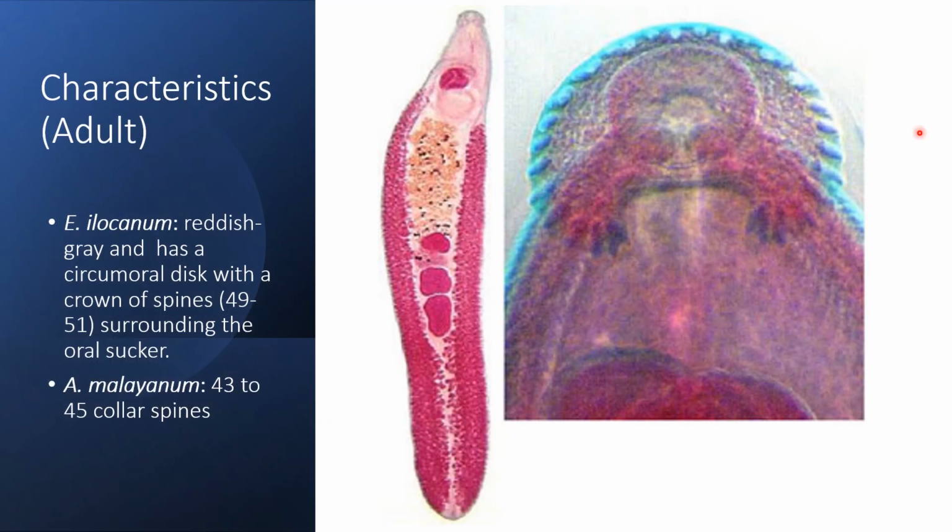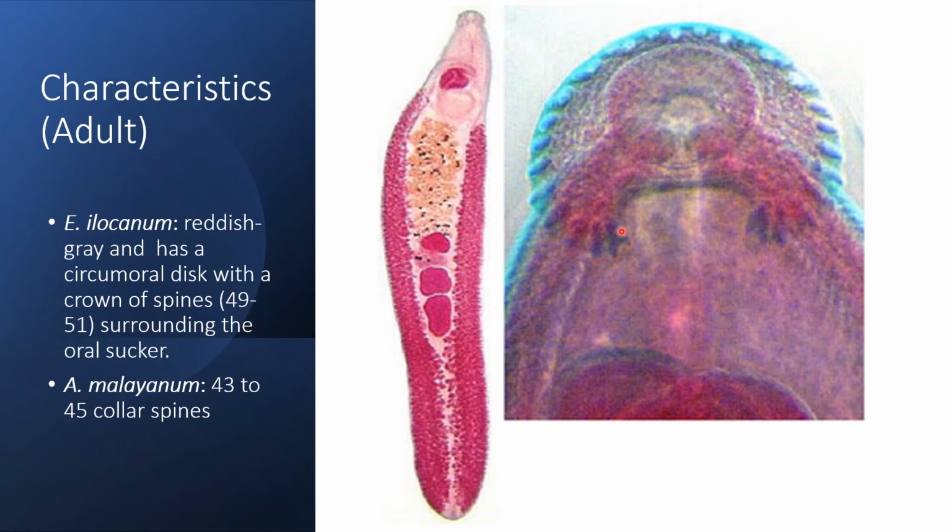Now let's discuss the adult morphology of your E. elocanum and A. malayanum. Both of them have similar characteristics: reddish gray, with a circumoral disc surrounding the oral sucker containing spines. This picture shows the circumoral disc of E. elocanum.